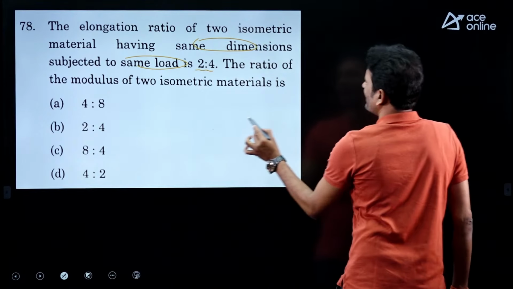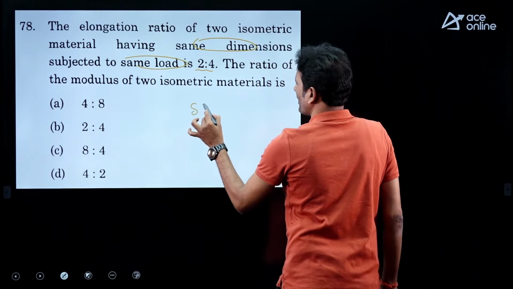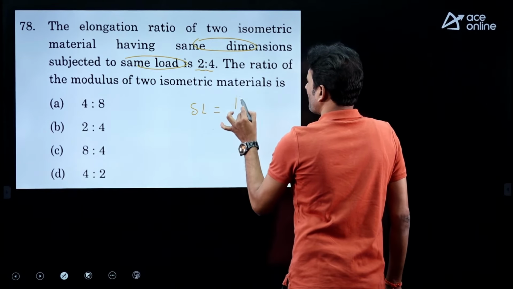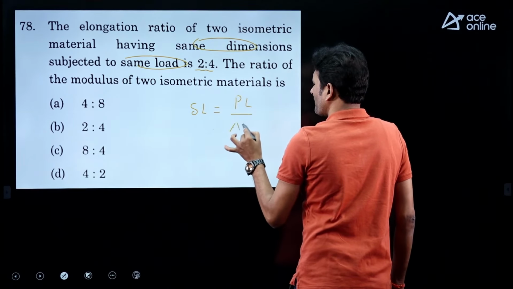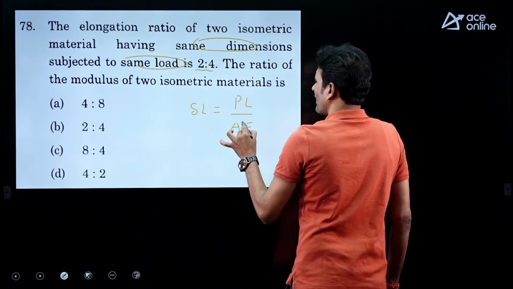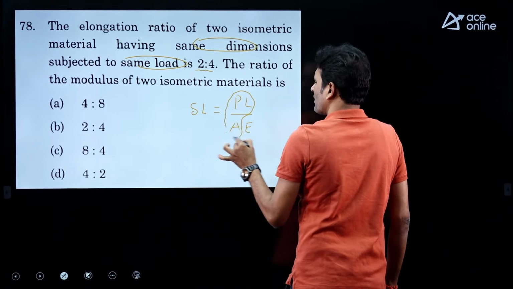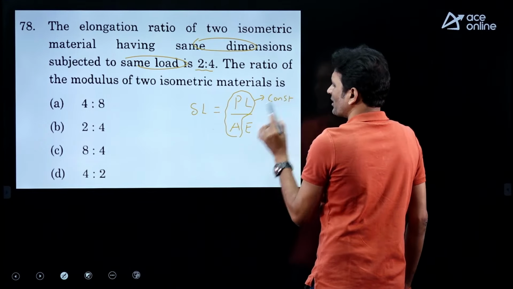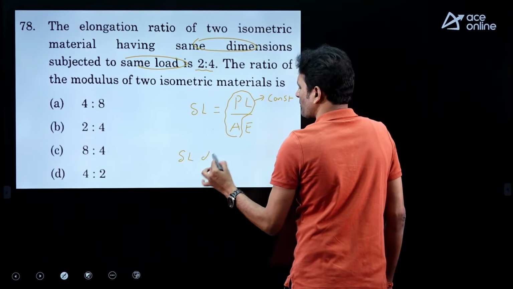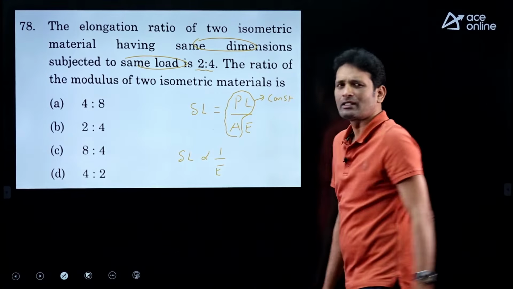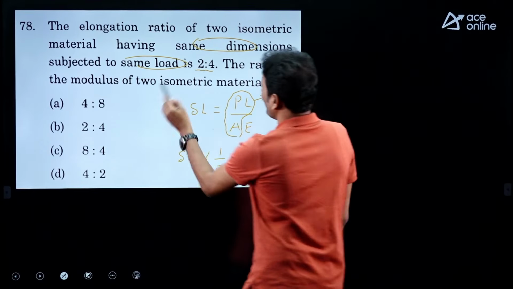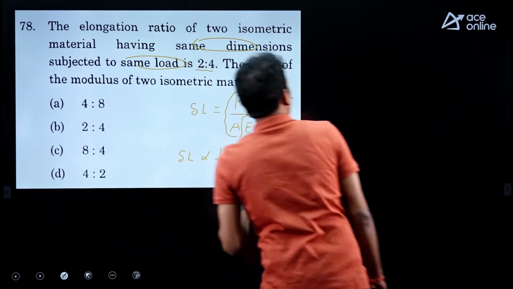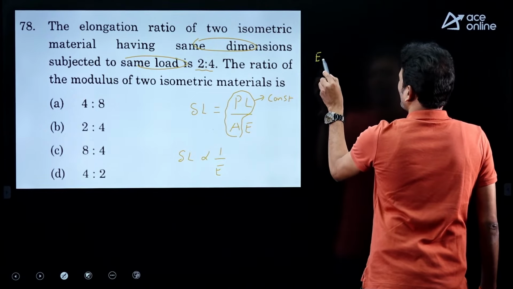So axial deformation formula, once you recall, it is PL upon AE, we know it. As dimensions and load are same in both materials, so this is constant. Then observe the relation between del L and the corresponding E value, it is inversely proportional. So we required E1 divided by E2.